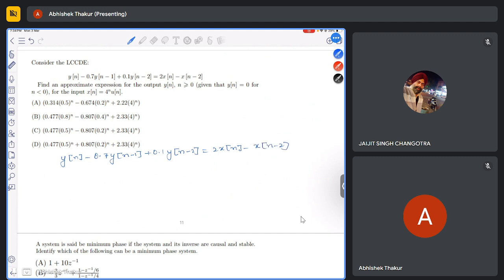Now find the approximate expression for the output y of n, given that n is greater than or equal to 0 and y of n is equal to 0 for n less than 0, for the input x of n equal to 4 to the power of n u of n. So the input is given, we have to find the approximate output equation.